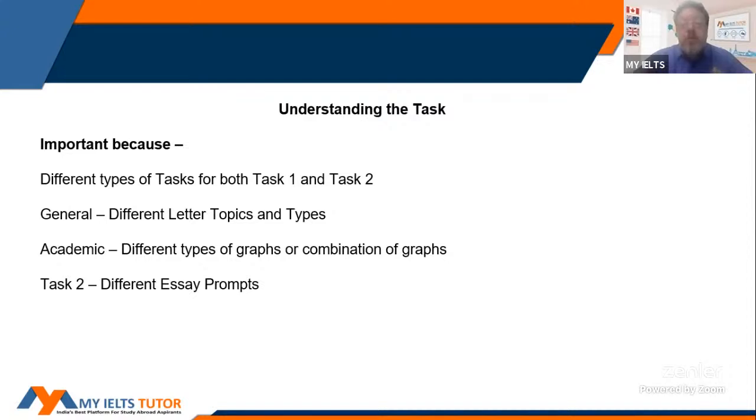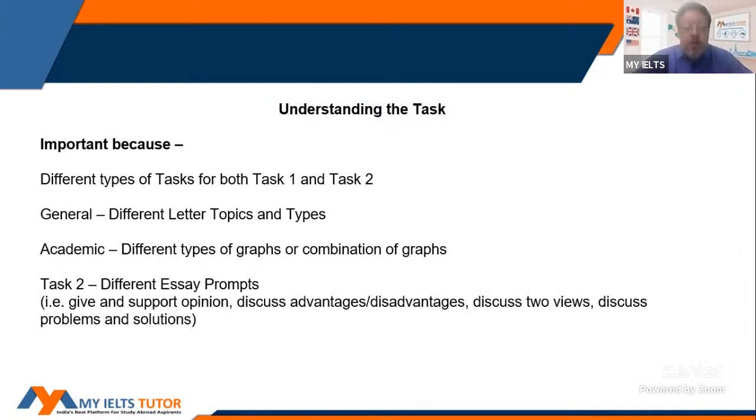You have the two views where you discuss two different, opposing views. And then you also have problems and solutions. So you have different types of tasks for the essays.